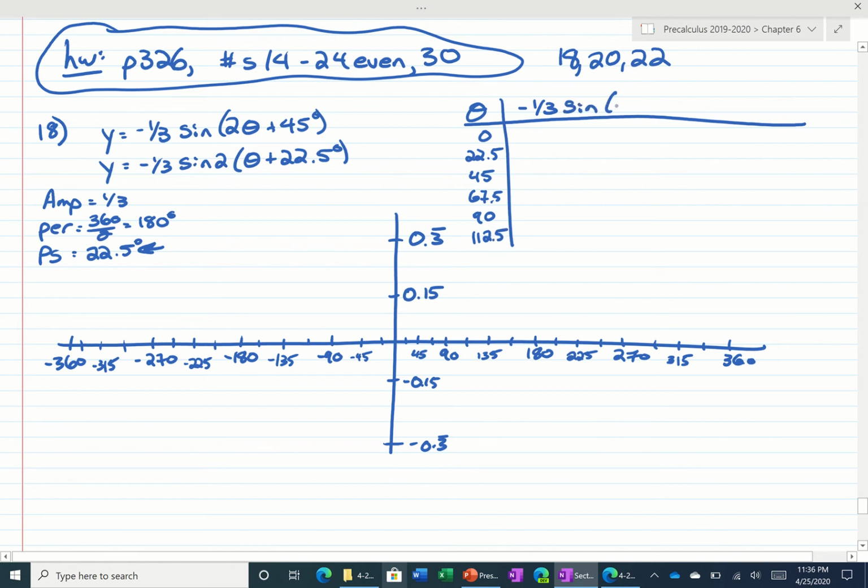We're going to have the sine of 2a plus 45. All right, so let's type this in here. Negative 1 divided by 3 times the sine of 2 times the variable a plus 45. I'm going to type 0 in. And I'm getting that's negative 0.2.